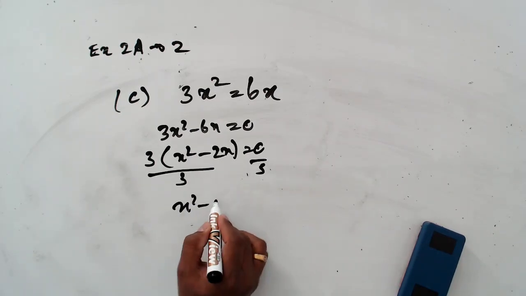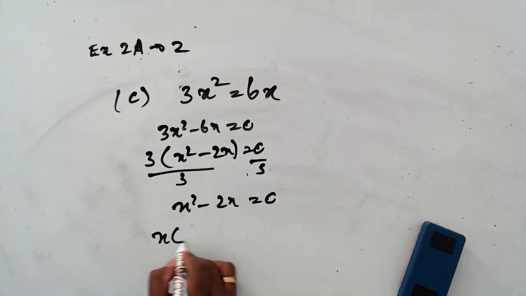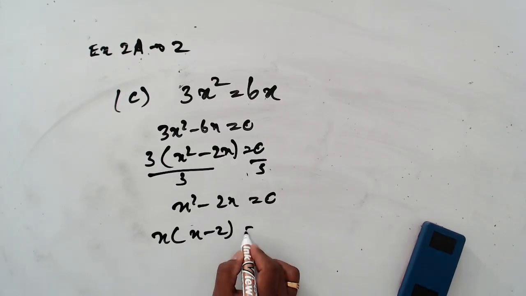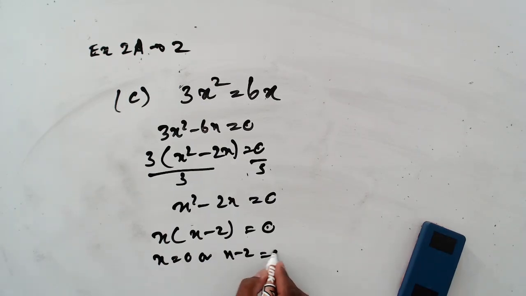Then x square minus 2x equals 0. I can take x out. x minus 2 equals 0. And x equals 0 or x minus 2 equals 0. x equals 0 or x equal 2.